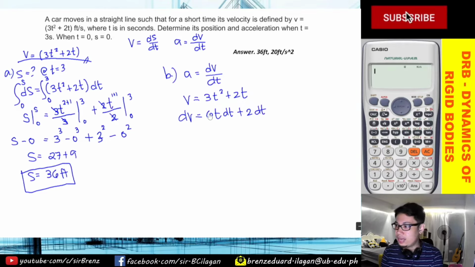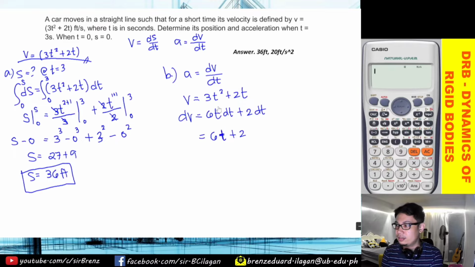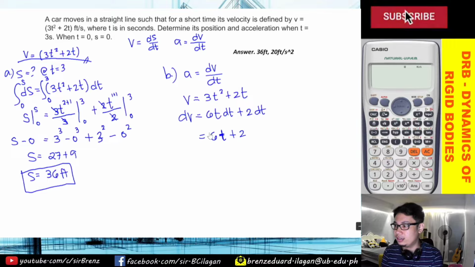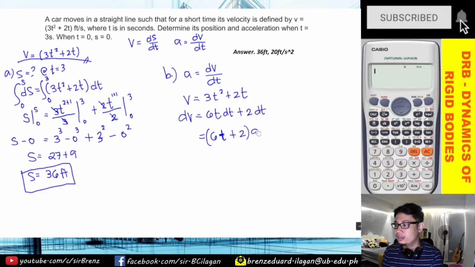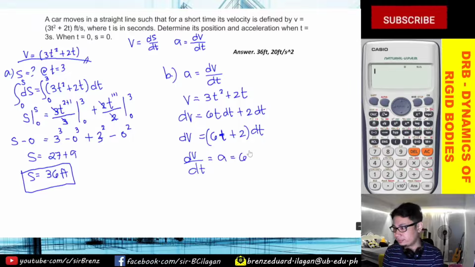So, factor out mo lang yung dt. So, that will be 6t plus 2. Ito pala yung iwasan nyo, ano. Lagyan nyo ng distinction kasi yung t minsan ang plus, para hindi magkalituhan. Ayan. So, this will be dv. dv over dt, or that is the acceleration, is equal to 6t plus 2.